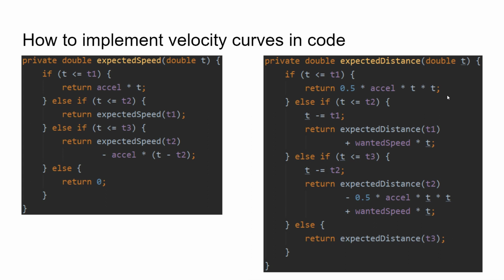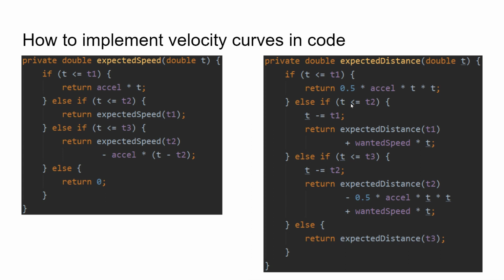This might seem magical to you if you don't know calculus, but if you've done any calculus, this should be pretty familiar as the antiderivative of a straight line. So our straight line here is k times x, and the antiderivative is 1/2 kx squared. So in this case, accel and t instead of k and x, but same idea.